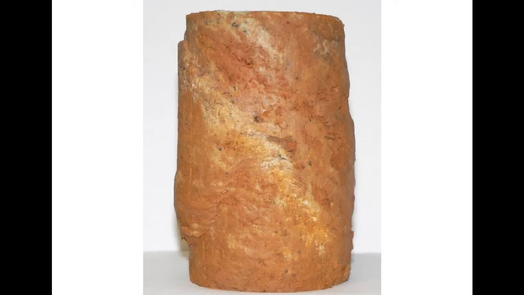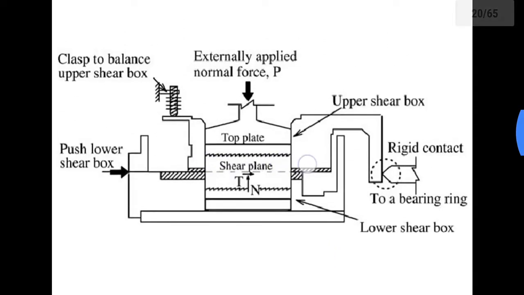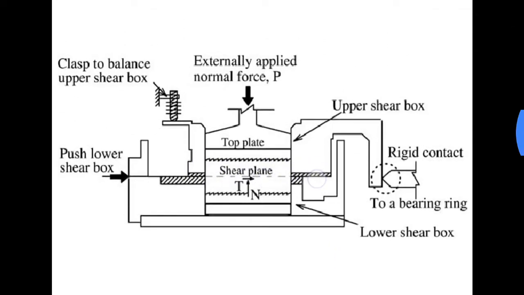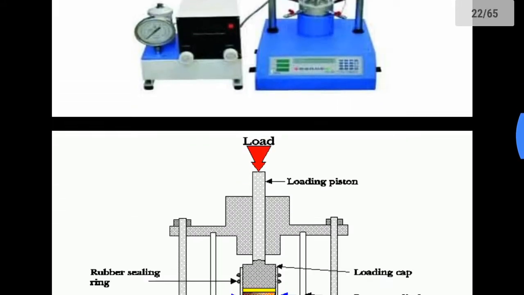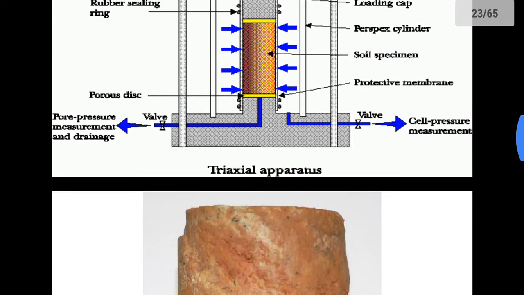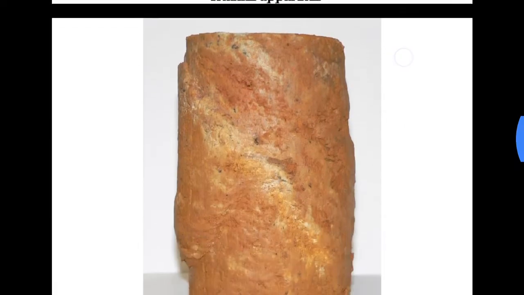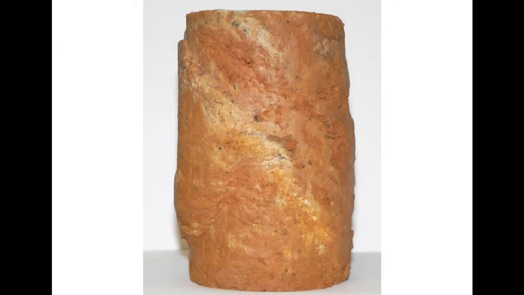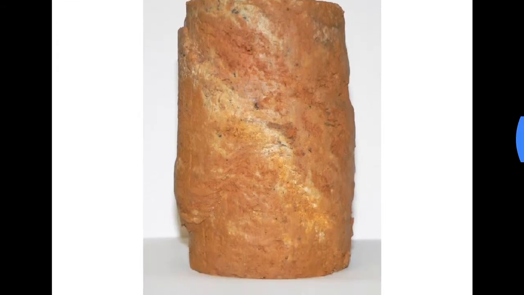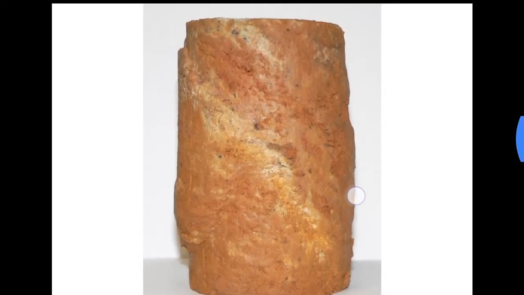The shear plane here might not be perpendicular as in the case of direct shear test. Here in direct shear the plane would always be a straight line in the perpendicular direction, but in the triaxial test the shear plane can differ in direction, and normally it is in a diagonal shape. You can see the diagonal shape.